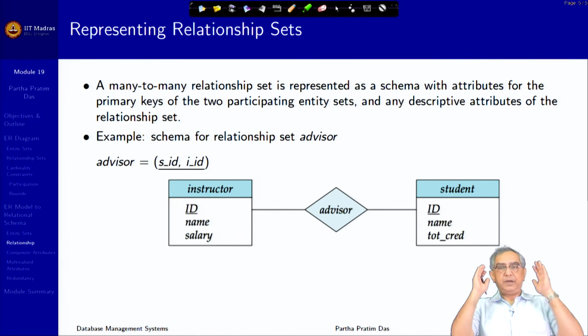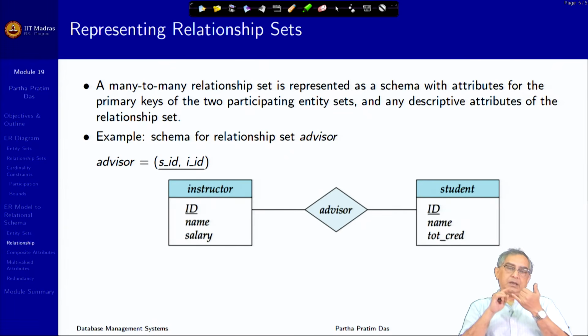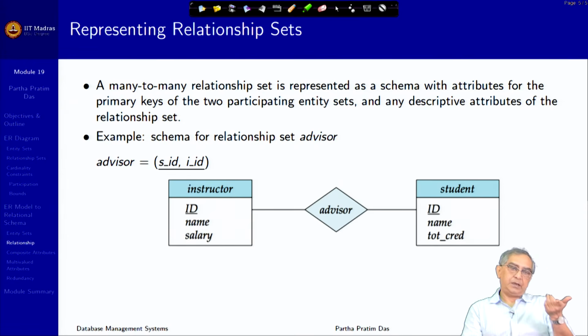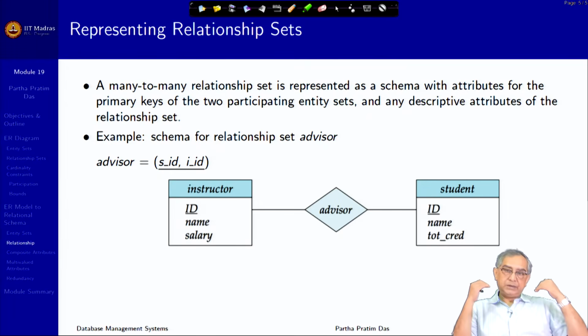You need to know what a relation is. A relation schema is a name, a set of attributes, and the information of the primary key. These are the three fundamental pieces of information for a relation schema. The name comes from the name of the entity set or the name of the relationship, and then we figure out how to get those attributes.